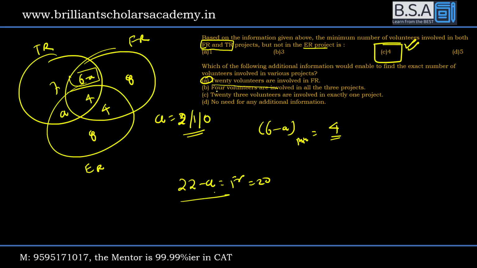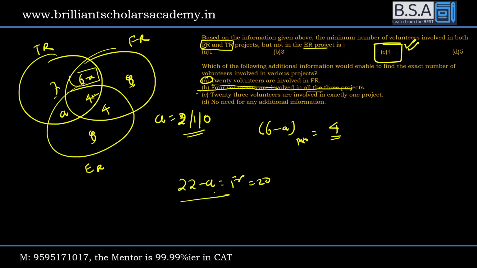Let us check others. There are 4 volunteers in all 3 projects. ये तो by default calculation से आ रहा है. Do you have to give me that information? No, I can reach that on my own. Question था, what additional information will help you in reaching all answers? 23 volunteers are involved in exactly one project. 8 plus 8 plus 7.